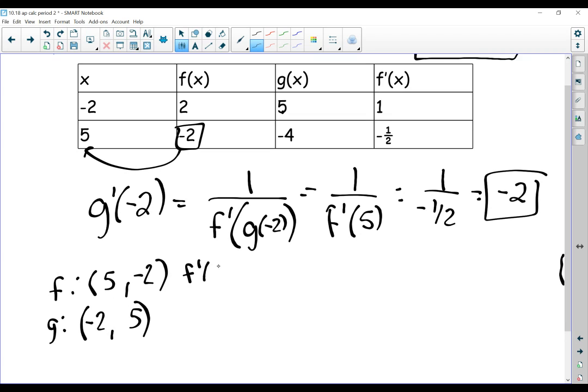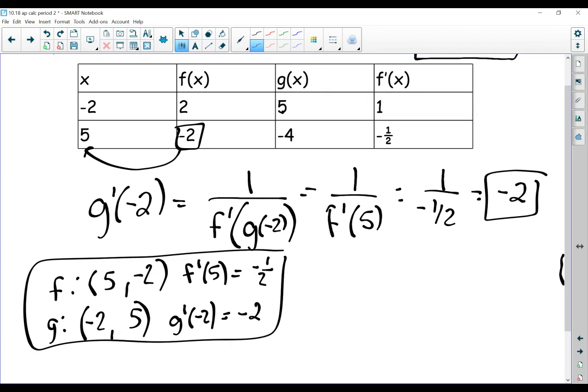So if I find f prime of 5, I get -1/2, which means g prime of -2 is just the reciprocal of that, so -2. So either thinking about it as the two corresponding points, or understanding that it's f prime of whatever you get when you plug -2 into the function, both ways will get you the answer.